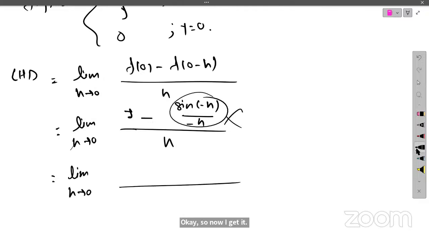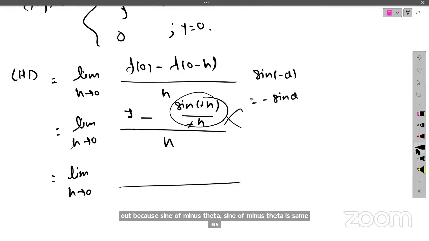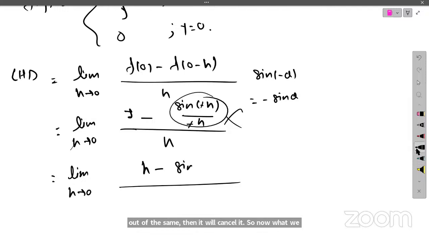Just take the numerator: this minus and this minus will get cancelled out because sine of minus theta is the same as minus of sine theta. Right. So if you take the minus sign out of the sine, then it will cancel out. So now we take h as the LCM, and this will become h minus sine of h upon h square. Now it's correct, right?